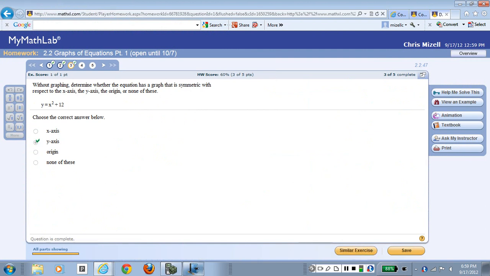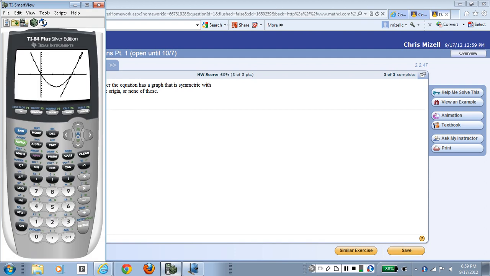And the graph on the calculator certainly will confirm that. If we graph y equals x squared, I've got a good portion of it here. I'll just edit clear. Y equals x squared plus 12, zoom 6. Should get a decent graph in the standard. Oh, no, we don't see that at all.